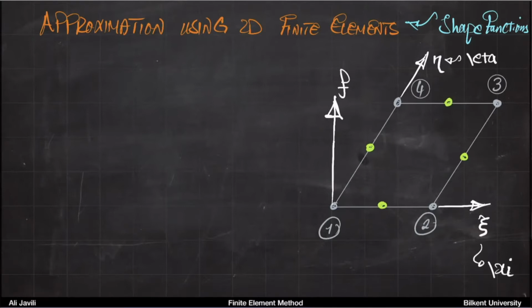Let's call these points A, B, C, and D. So if I tell you that the value of that function f at point A, and the coordinate of point A is, for instance, -1 and 0, is, let's say, 2.5.